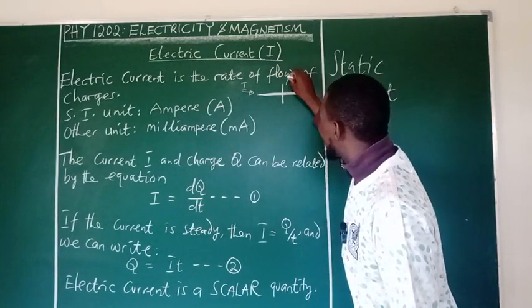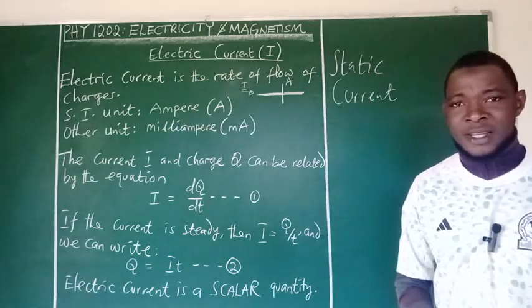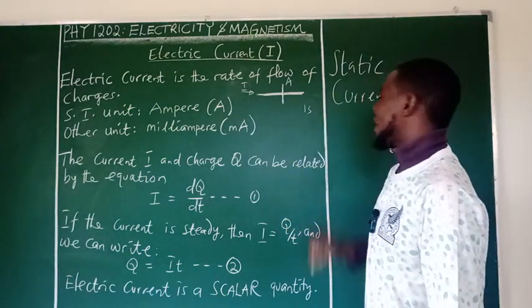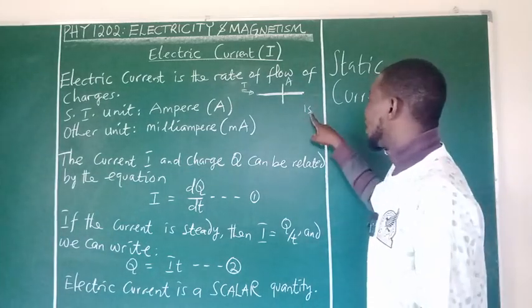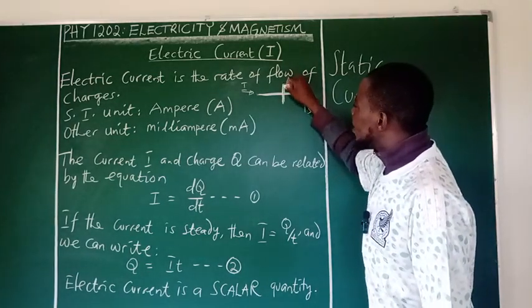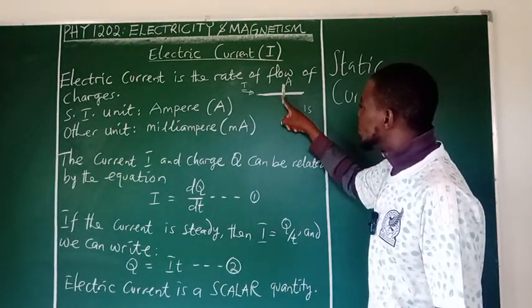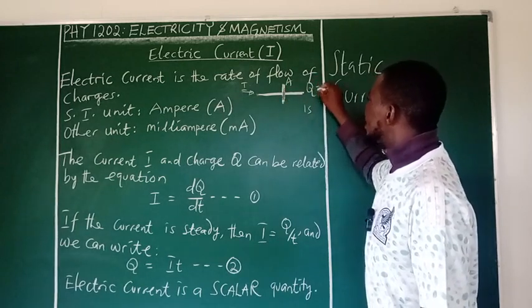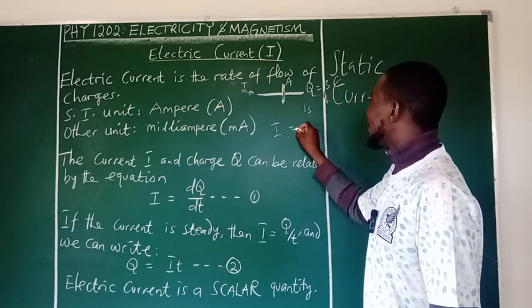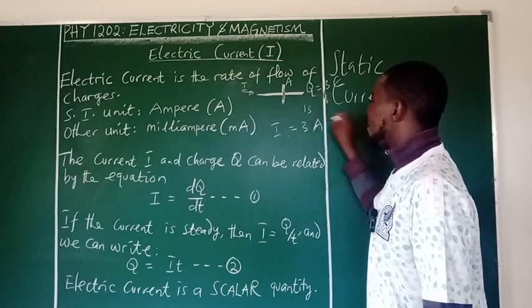Let's call this point A, this portion in the conductor. If after 1 second, the quantity of electric charges Q that pass through this given point is 3 coulomb, then we say that our current is 3 amperes.